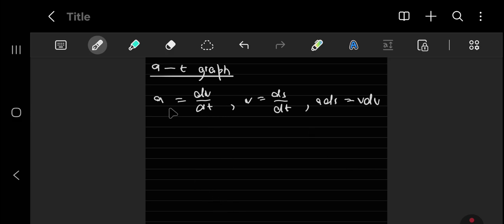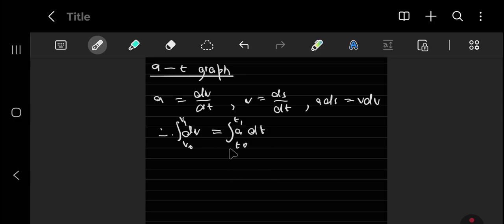So if you note these things, if I'm given an acceleration time graph, I can get my velocity by saying, therefore, dv equals a dt, solving the first equation. And then if I take the integral on both sides, provided I have my initial conditions like t naught and also v naught, then I can get the equation of my velocity for that certain time interval, from t naught to t1, to v1 as well.